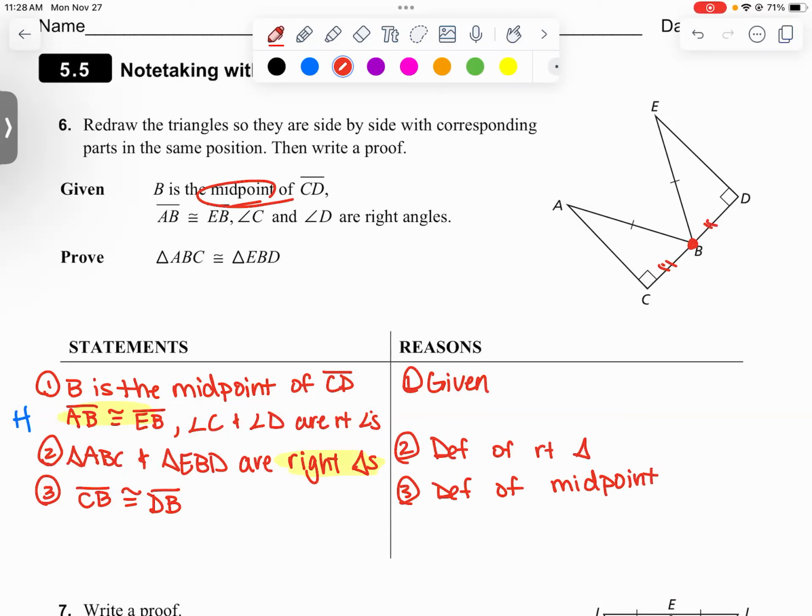A bisector just splits it in half. Okay. Any piece of given information we want to try to use. So one piece gave us our hypotenuse congruence. One piece gave us right triangles. The third piece, B as a midpoint, gives us a statement that we can say these two pieces are the same, which gives us our legs. So now we can say triangle ABC is congruent to triangle EBD by hypotenuse leg.